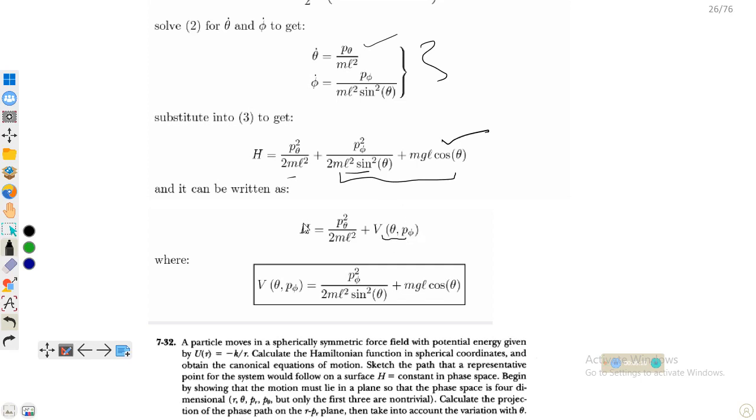So this is the Hamiltonian for this dynamics, the spherical pendulum, and these were the requirements of the question. So I will stop at this point and meet in the next lecture.